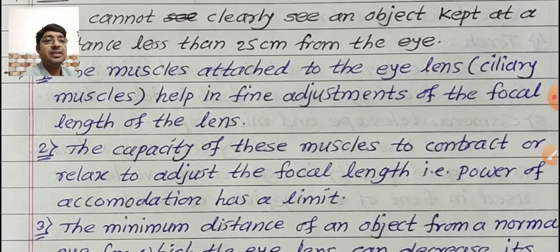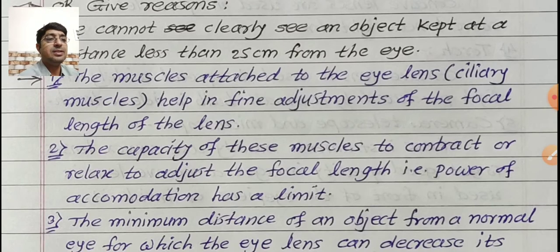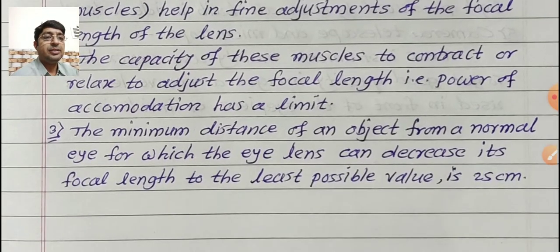Second point, the capacity of these muscles to contract or relax to adjust the focal length, that is power of accommodation, has a limit. Third point, the minimum distance of an object from a normal eye for which the eye lens can decrease its focal length to the least possible value is 25 centimeter, not less than that, and that's why this is happening.